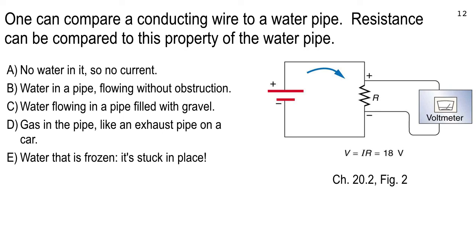Okay. The answer, yeah, you guys got this one mostly right. It's water flowing in a pipe. A few of you voted for B, but B is not right because flowing without obstruction, that's like flowing without resistance. And if you have a resistor in the circuit, you compare it to water flowing in a pipe filled with gravel or something like that.